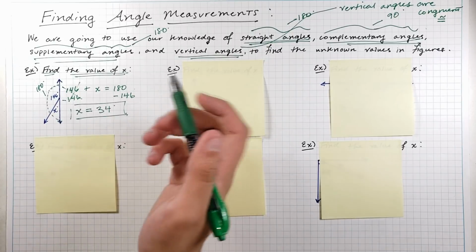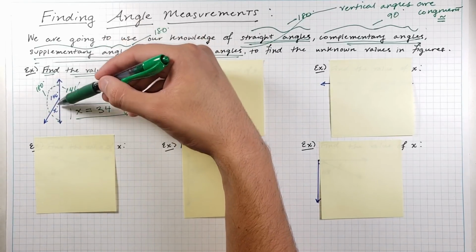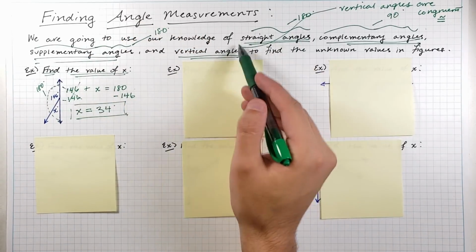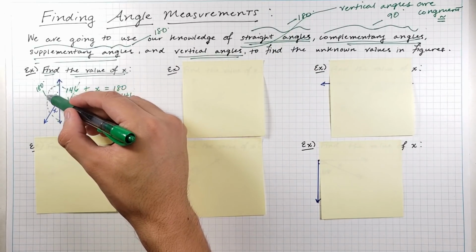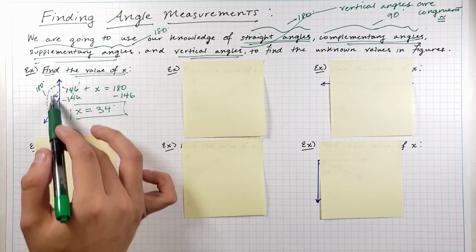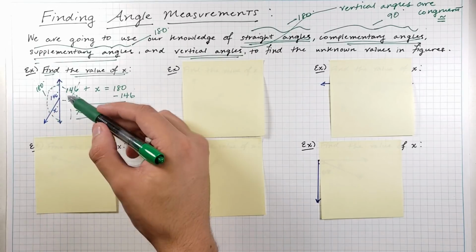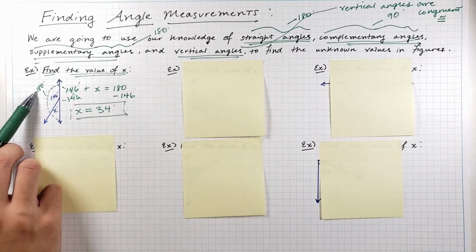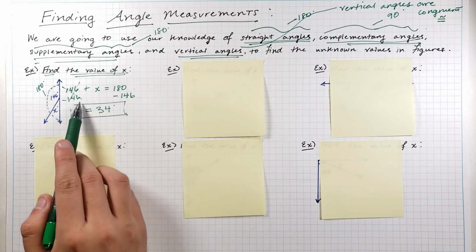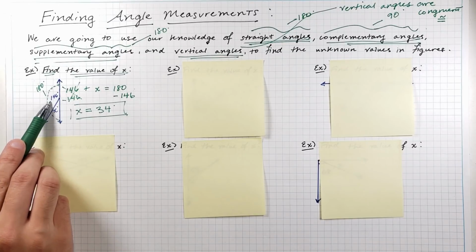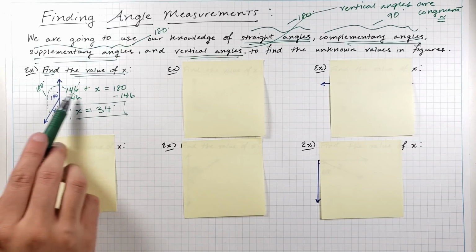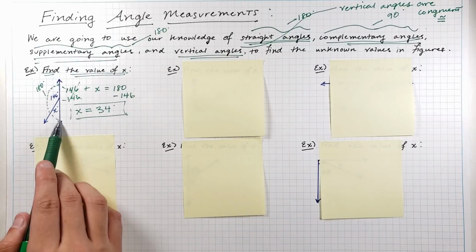So we had a straight angle, right? From straight angles we have 180 degrees. That means this 146 plus whatever this angle was has to add to be 180. That's what I did here. I said this angle plus this angle has to equal 180 because it's a straight angle.